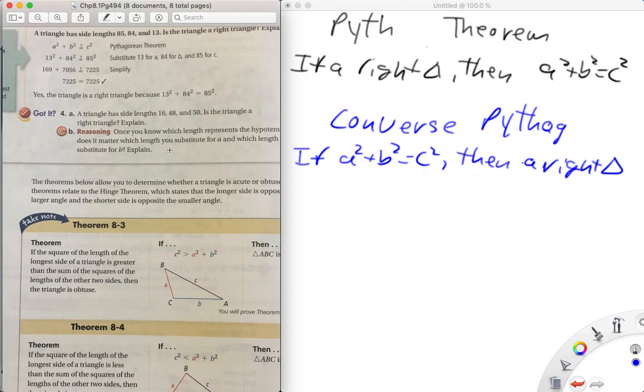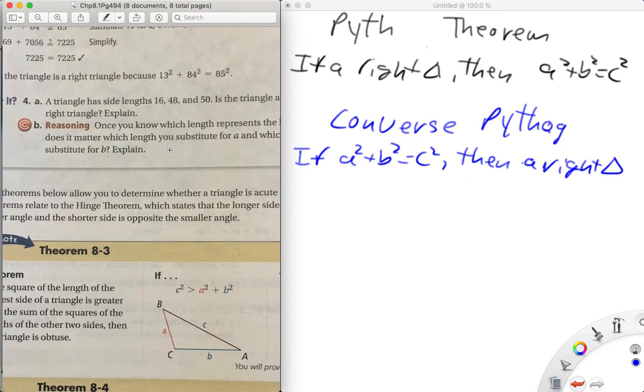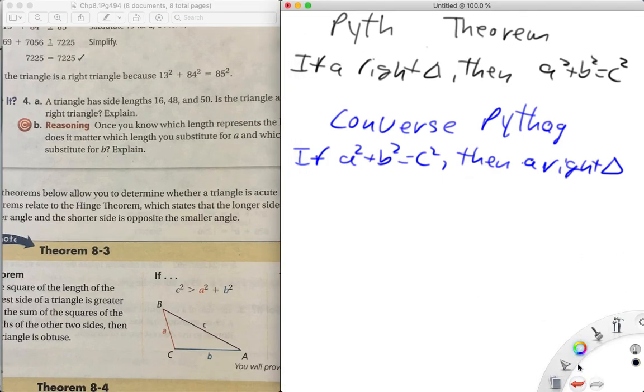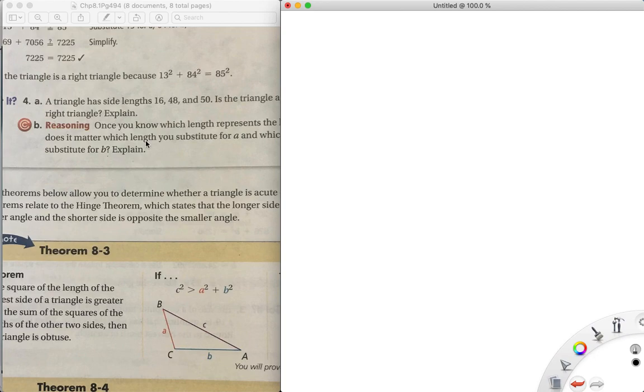So identifying right triangles. If they give me three lengths, here they give me 16, 48, 50. Is it a right triangle? Let's find out. Since this is the biggest side, this will always be my hypotenuse. Hypotenuse is always the biggest number.